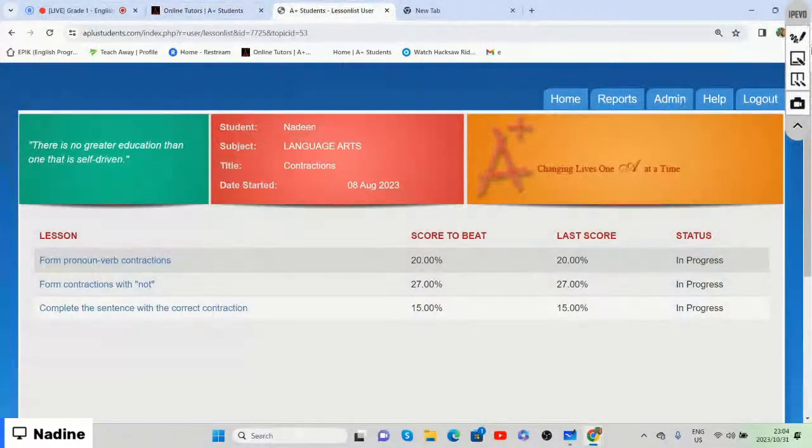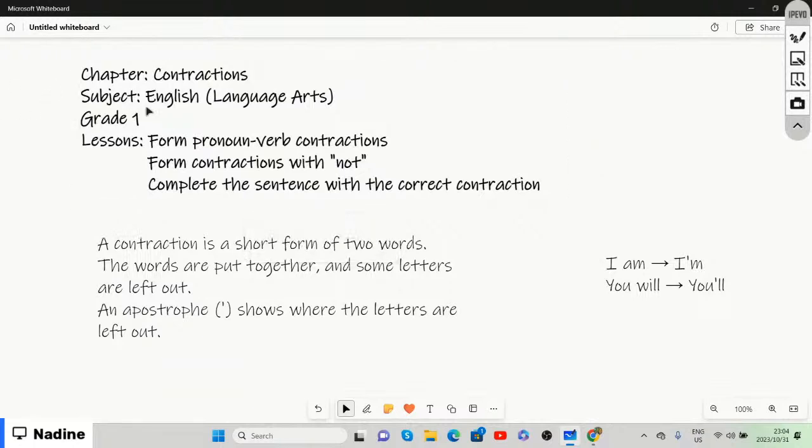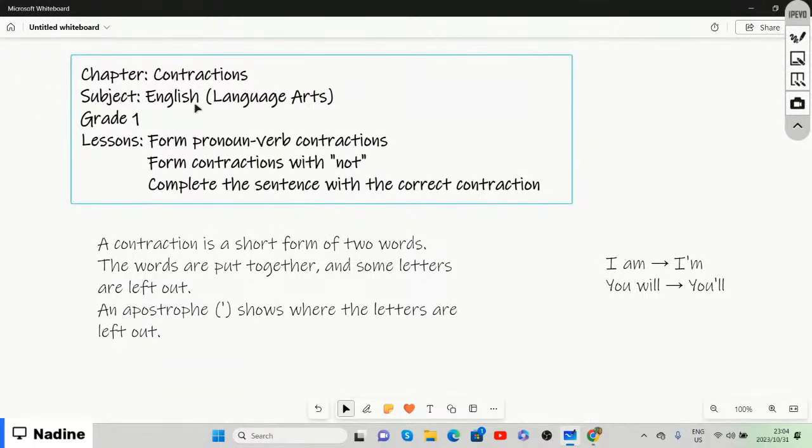So our chapter for today is contractions.